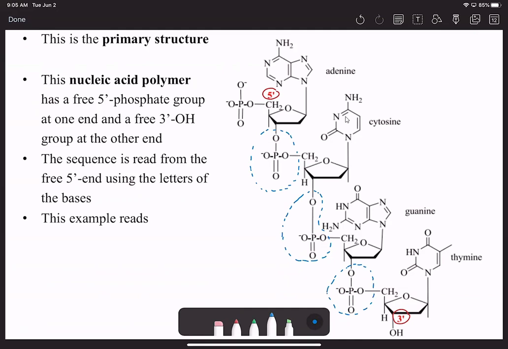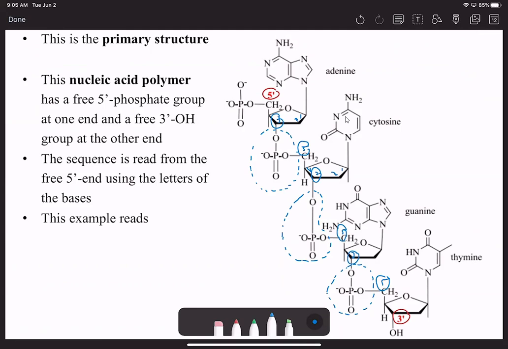So carbon number 1, 2, 3, 1, 2, 3, 4, 5. So here, all of our nucleotides are bonded together between carbons number 3 and carbons number 5 of every single sugar that we have.